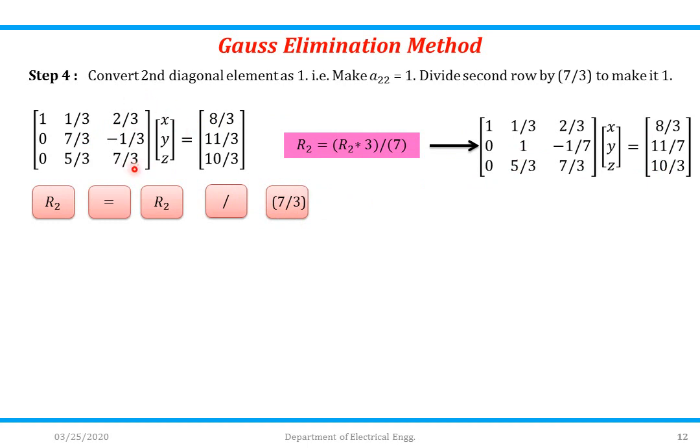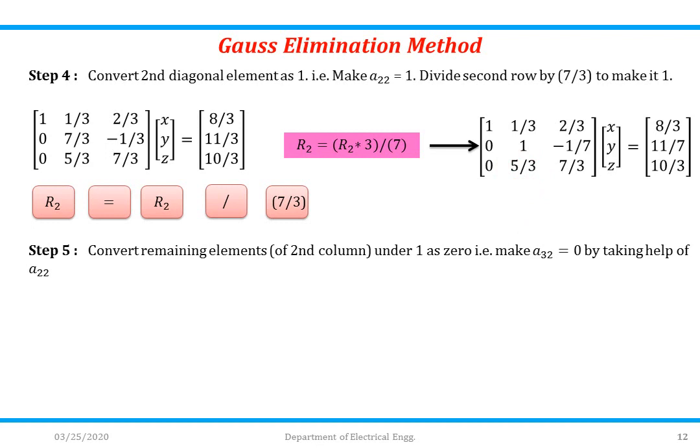For this column, what is R2? Minus 1 by 3 divided by 7 by 3. So what will you get? The answer is minus 1 by 7. For this column, what is your R2? R2 is 11 by 3 divided by 7 by 3. So you will get the answer as 11 by 7. Now our next aim is to make this element a 0.